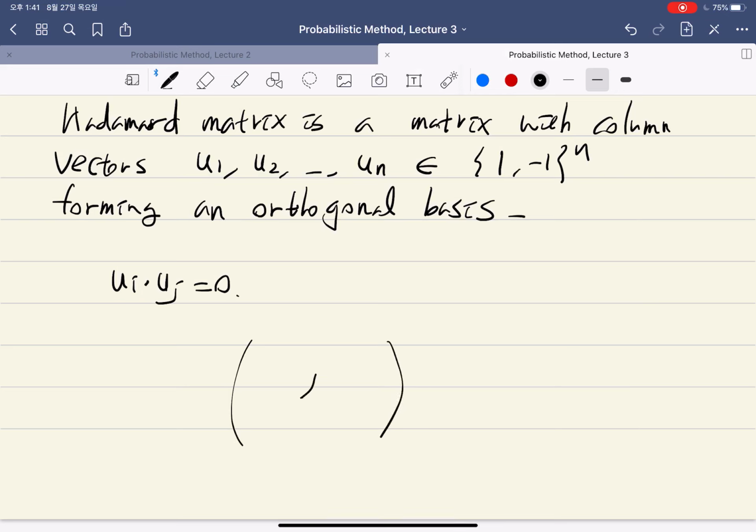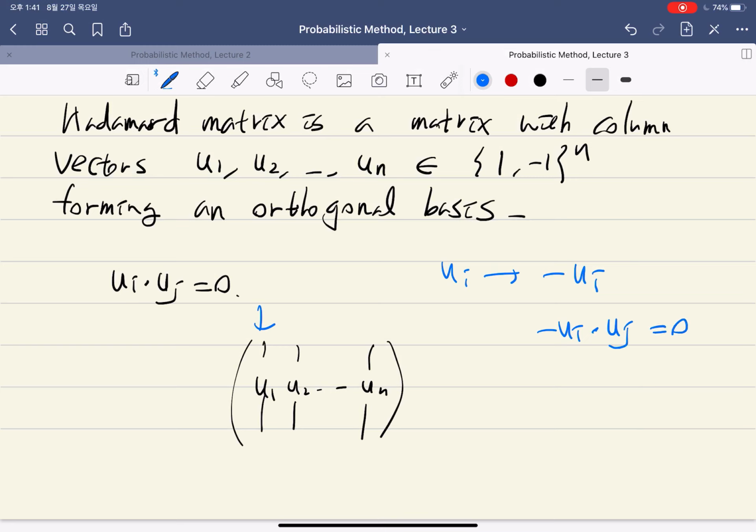First note that if A is Hadamard, then we have these u1, u2, ..., un column vectors. And once you flip one, then ui becomes negative ui. But this is still a Hadamard matrix, because negative ui dot product with negative uj is still 0 if ui dot product with uj is 0. And also if you flip a row, then what is ui dot product uj after the flipping?